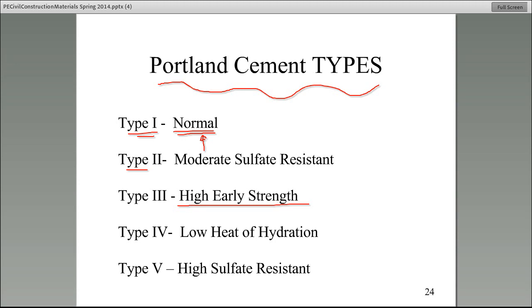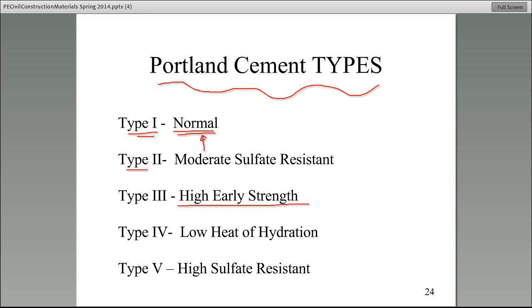If you're using it in cold climates or cold weather, high early strength is what you need so you can gain strength early on, and that heat of hydration that's generated will offset the cold. All right. Yeah, ACM Chicago, I see your question. I'll get to it in just a minute.